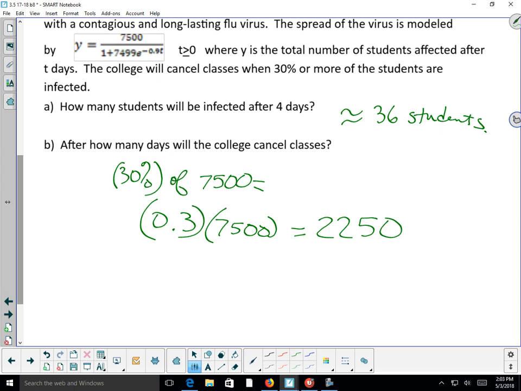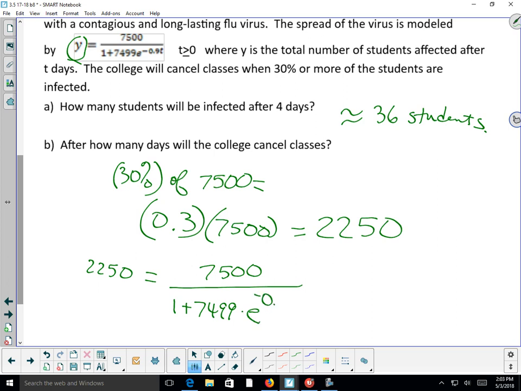So if I plug that in right here for y, I would get 2,250 equals 7,500 over 1 plus 7,499 times e to the negative 0.9 t. Does that look okay? All right, at this point, I personally would probably write this 2,250 over 1, and then I would cross multiply.